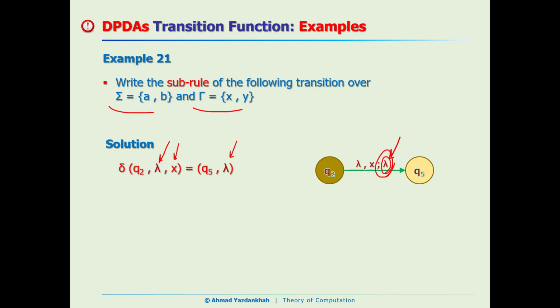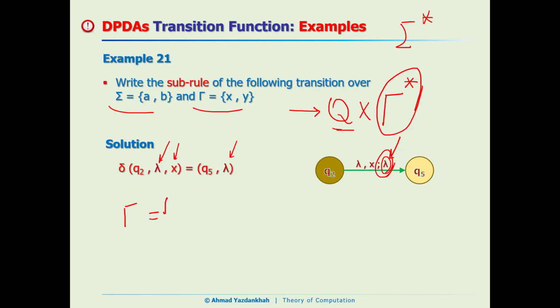We don't need to add any lambda over there, because if you remember, the range was the Cartesian product between Q and gamma star, and gamma star is exactly like the sigma star. If gamma, for example, is equal to x and y, then gamma star is equal to lambda, x, y, xy, and so on.